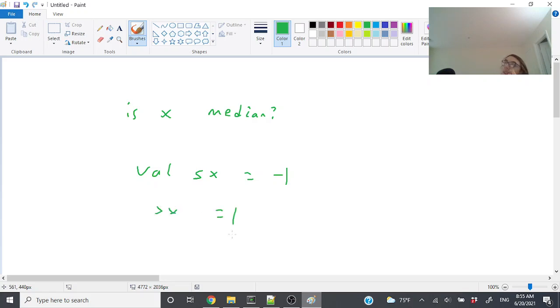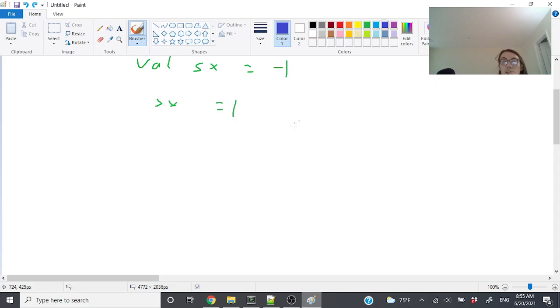Then to see if it's the median, we count the negative ones and the ones. The negative ones are values less than or equal to x. Equality is weird, but it'll work out.